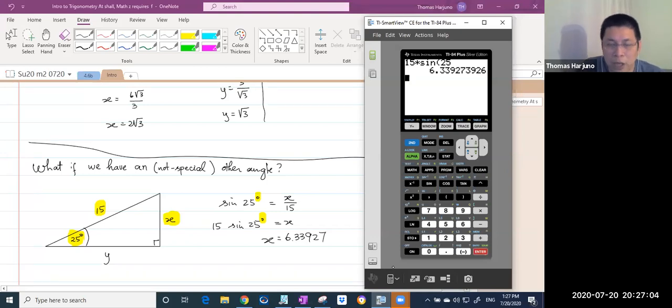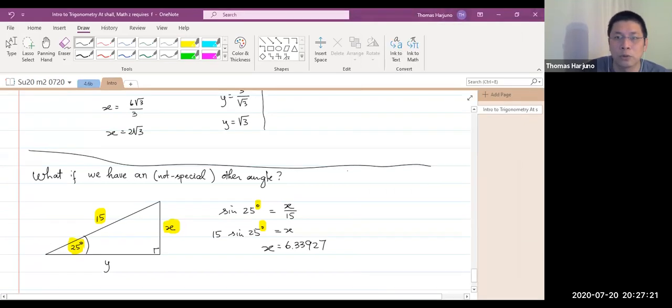Now, as much as you can, do not compute sine 25 degrees first and round to 5 decimal places and then multiply by 15. Try to avoid that. Let me show you what I mean. Suppose you do it this way. Notice that I don't compute this in decimal then multiply by 15. I actually multiply by 15 right away in the calculator. Now another way to do this is, some people say 15 times sine 25. Sine 25 degrees is 0.42262.